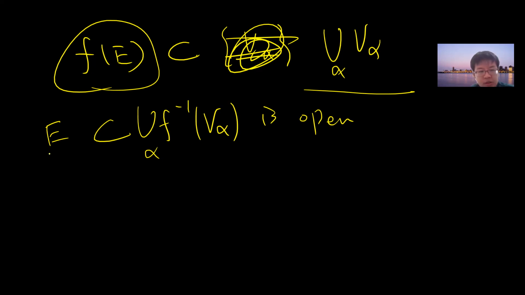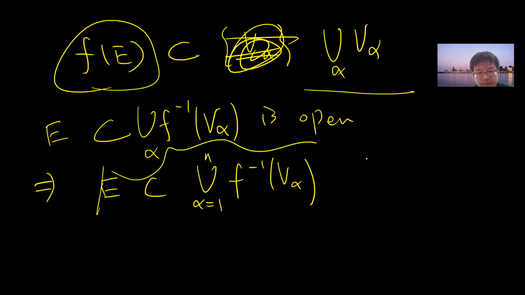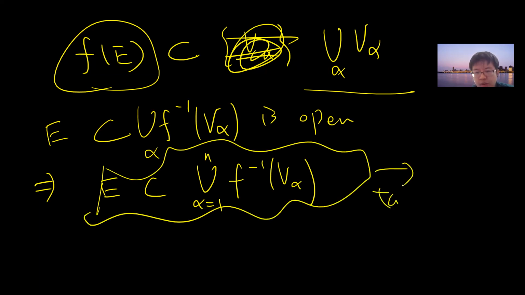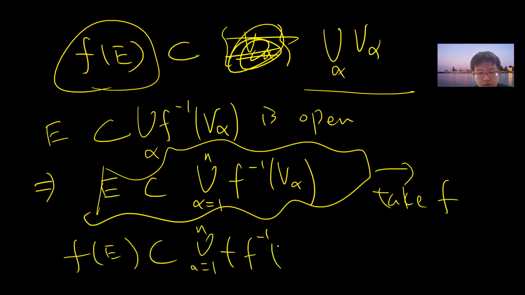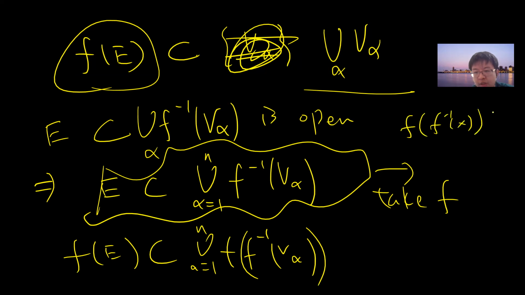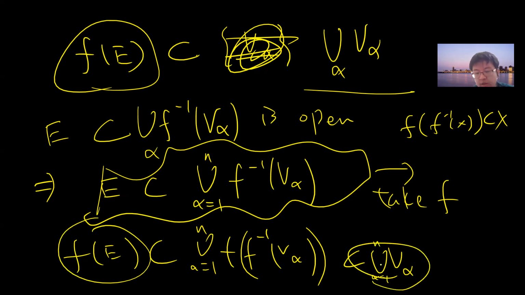By compactness, since E is compact, we can pick a finite subcover: alpha 1 to n such that f inverse V alpha covers E. Then f of E is contained in the union of V alpha, alpha 1 to n, since elementary set theory tells you f of f inverse of V is contained in V. So f of E has a finite covering.